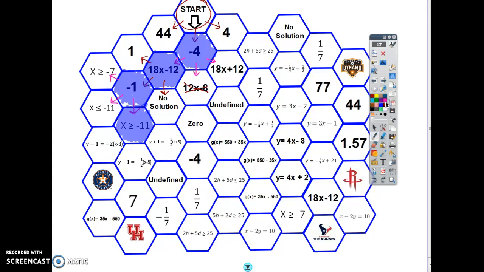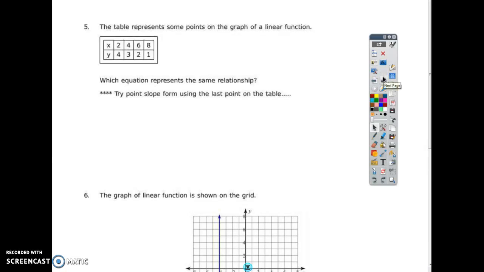The next question, you're either going to have this equation, or this equation. 3 answer choices. Problem number 5, we're going to use these answers, okay? We're going to use those answers to figure out, because these answers are not in slope-intercept form, they're in point-slope form. So we can just type this whole thing and see if it gives us that table for number 5.